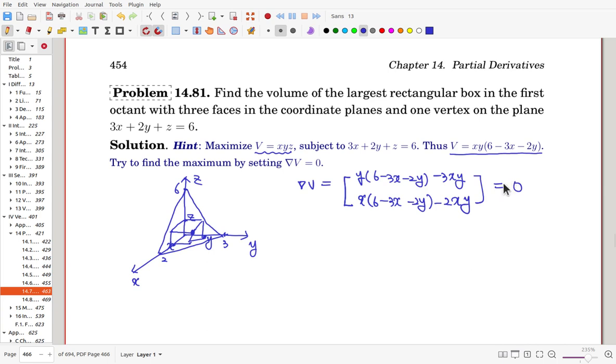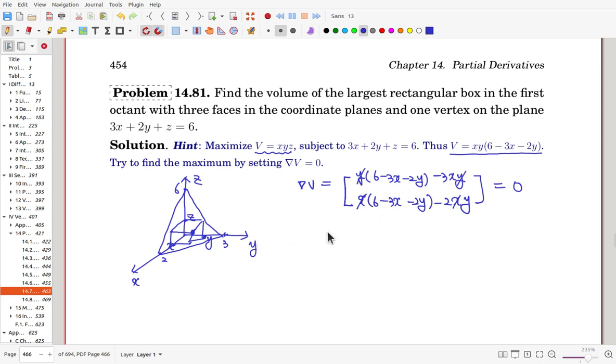Now, to maximize the volume, xy cannot be 0. If one of them is 0, then the volume must be 0. So we may assume x and y are non-zero. We may cancel y here, because this equals 0 and y is a factor, and also we can cancel the x factor.